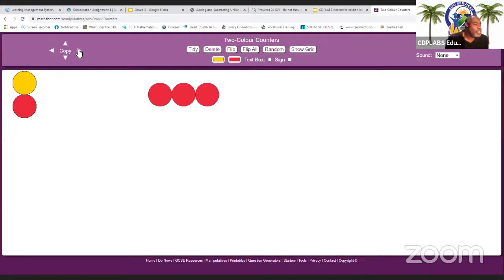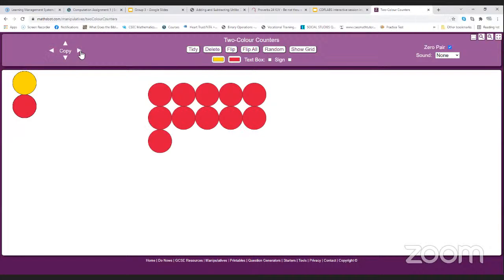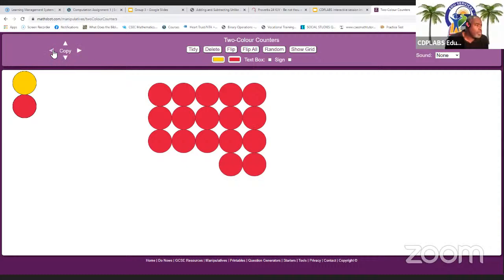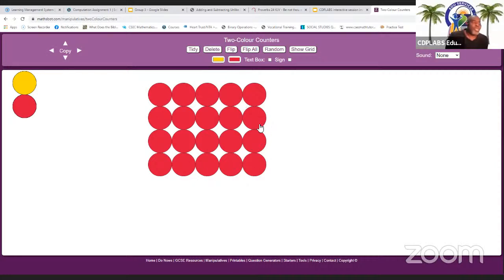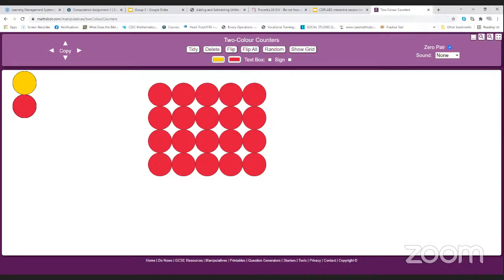All right, so we need 20 of these. So 5 across and 4 down. Just concentrate. Don't worry yourself about it. Just use the eyes. Observe. So these are 20 circles, agree? Yes, sir.